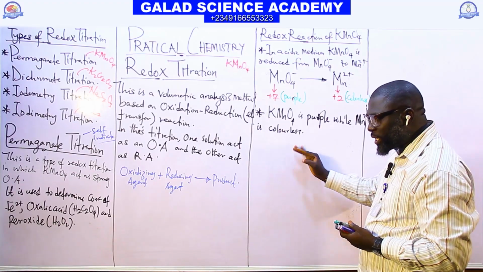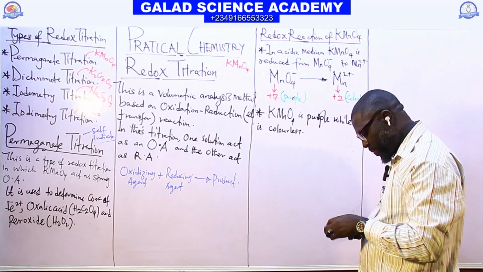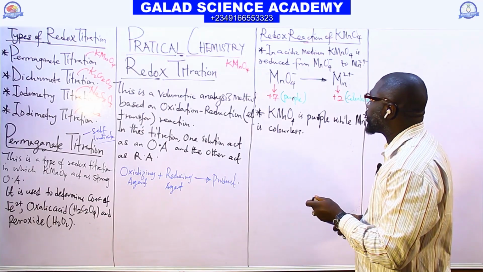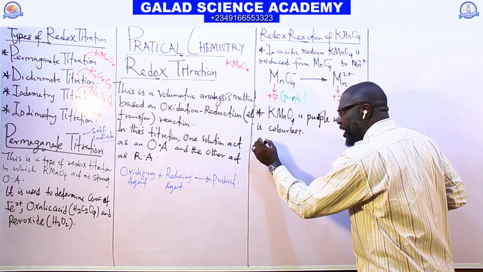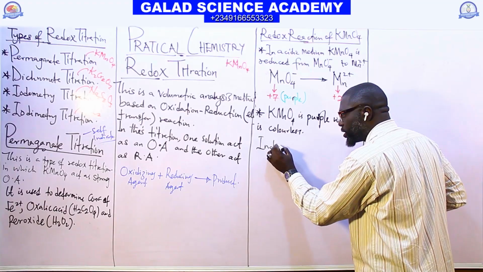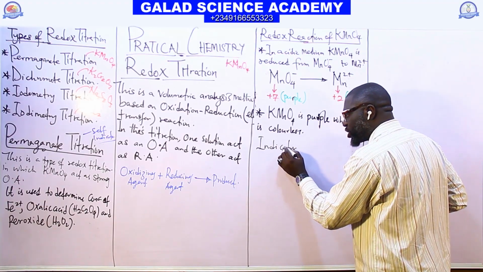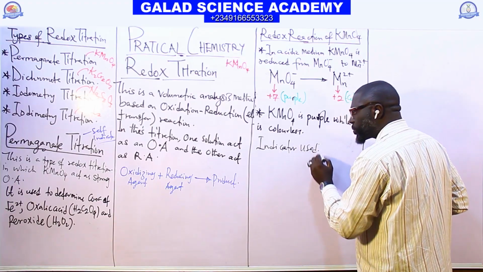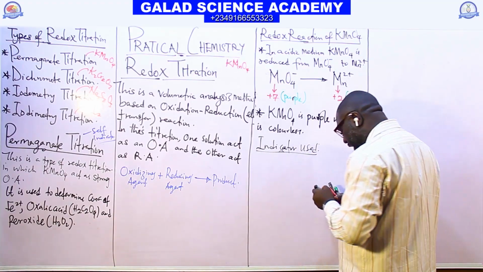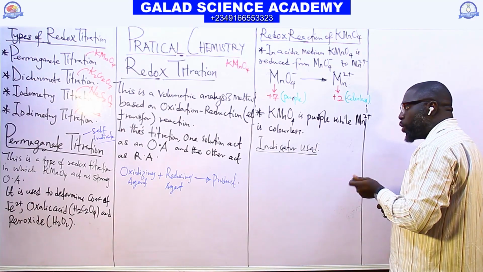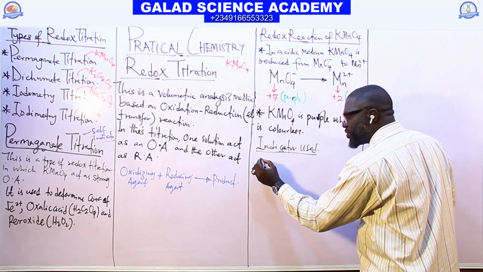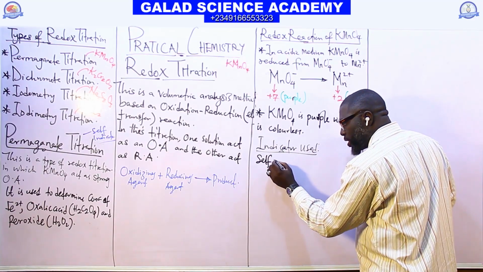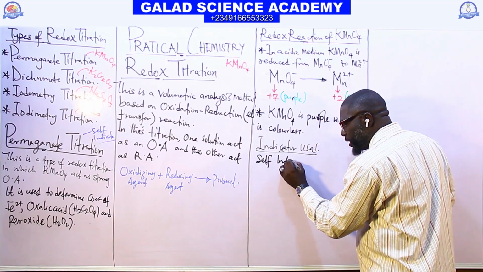And the next thing is the kind of indicator used. What is the indicator used for this titration? We call it self-indicator.